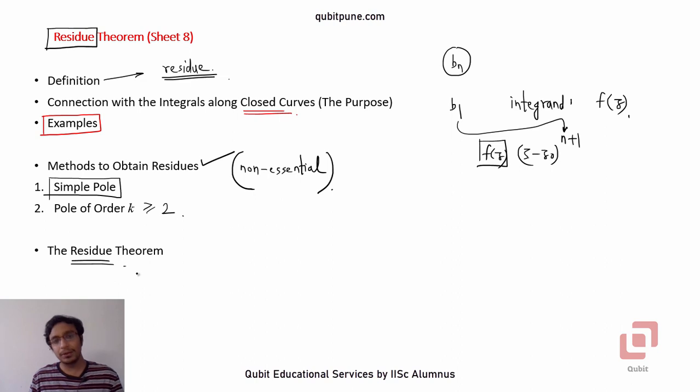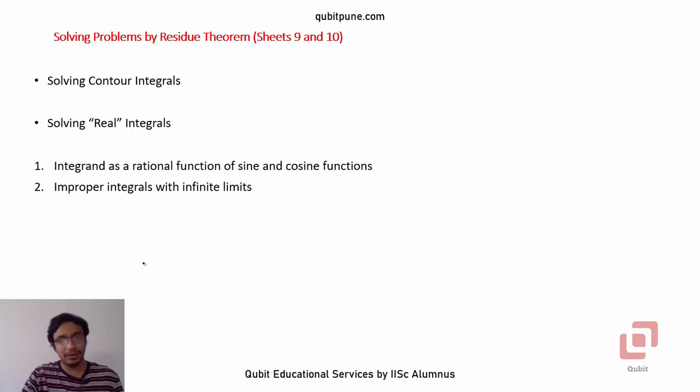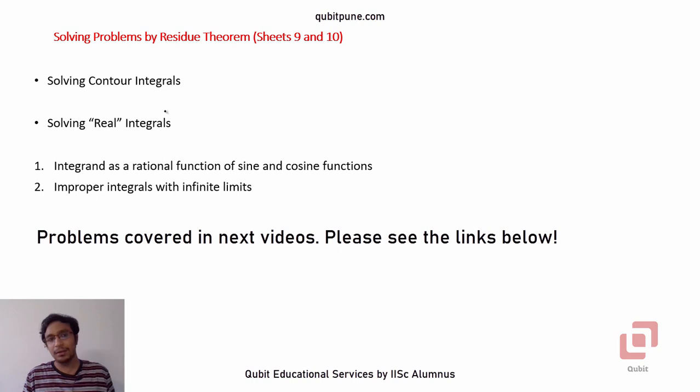So this is going to be the first part. Once we see the residue theorem, then we will directly go to the problems. We will solve the contour integrals, that is, all those problems which we were solving by Cauchy's integral formula, and then we will see how we can use the residue theorem cleverly to actually solve real integrals, meaning functions which are defined only for real numbers.